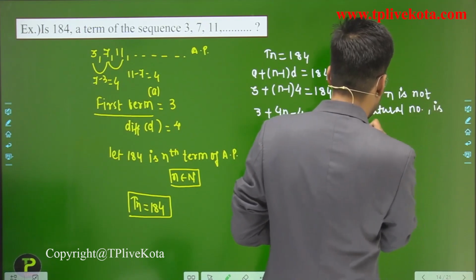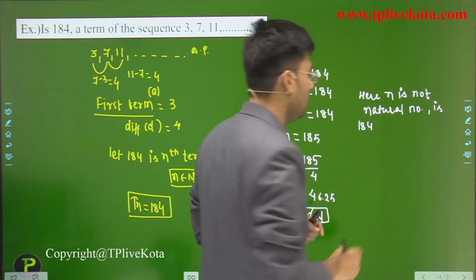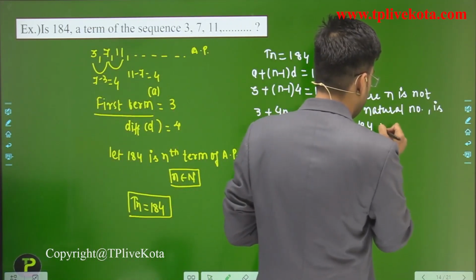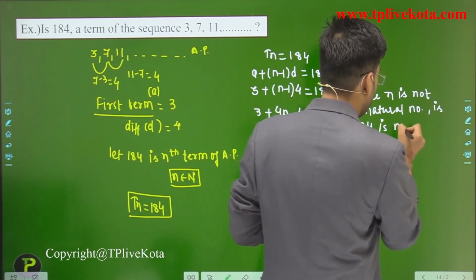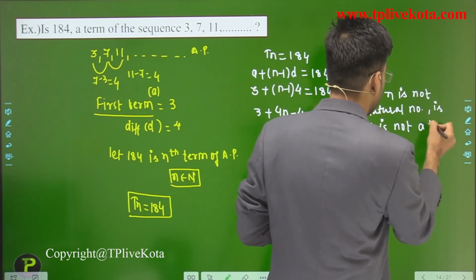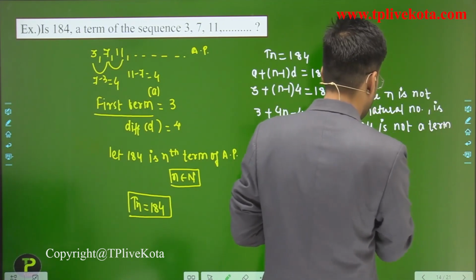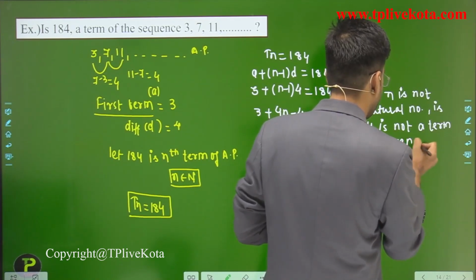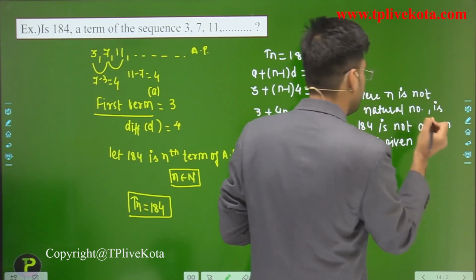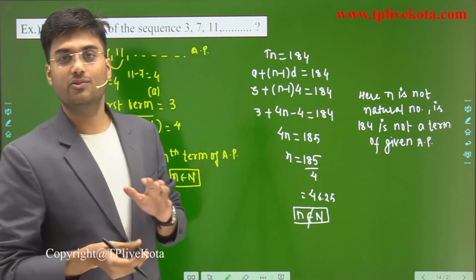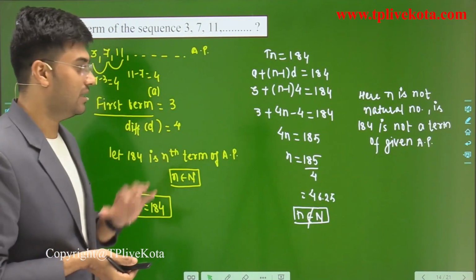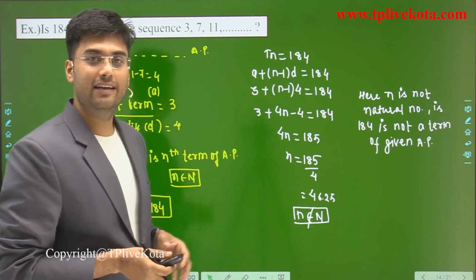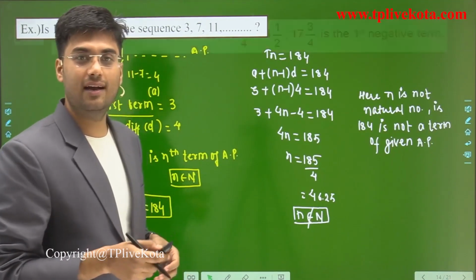So 184 is not a term of the given AP. Clear? So students, I hope you understand this question. Now after this, let's move to the next question.